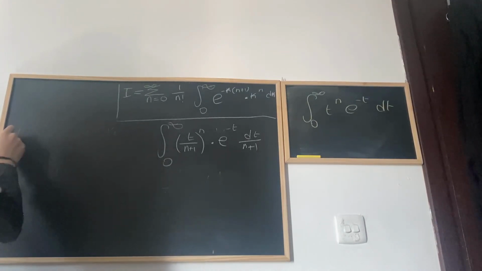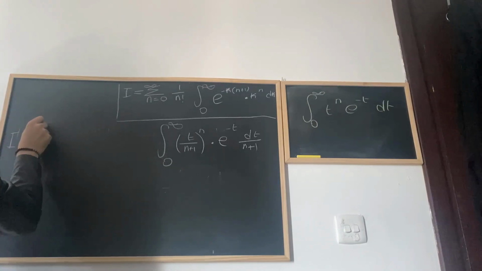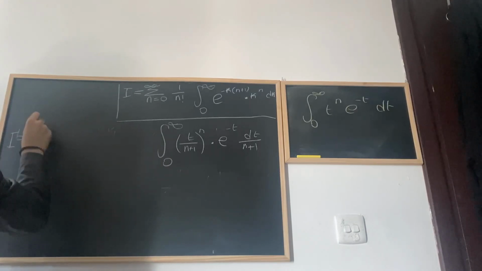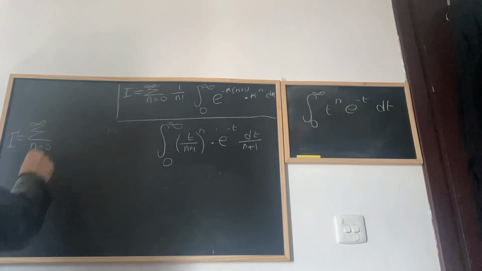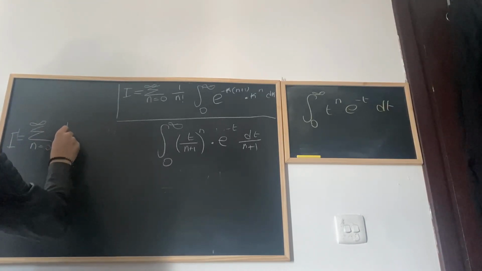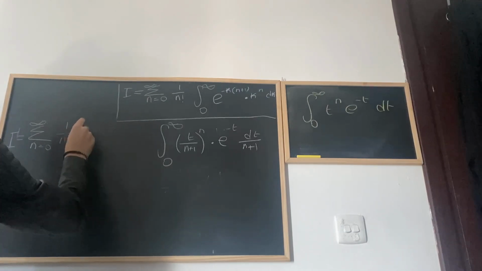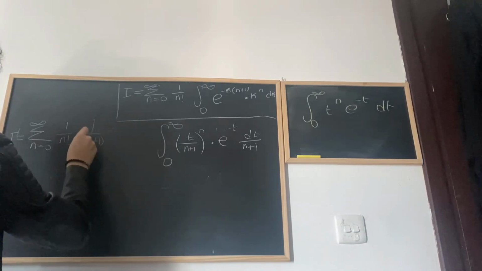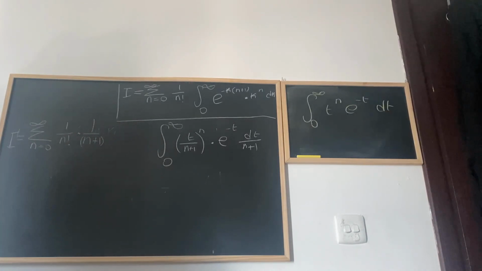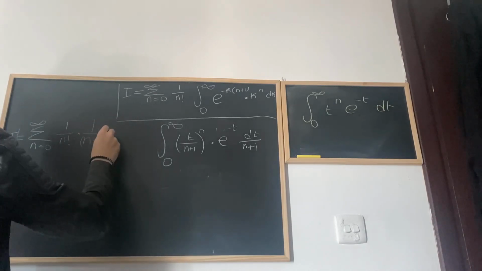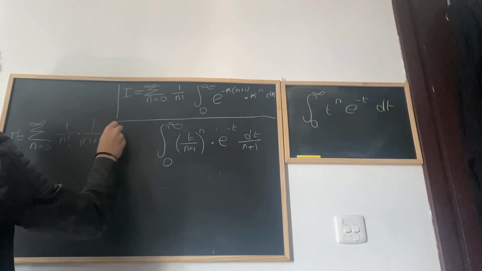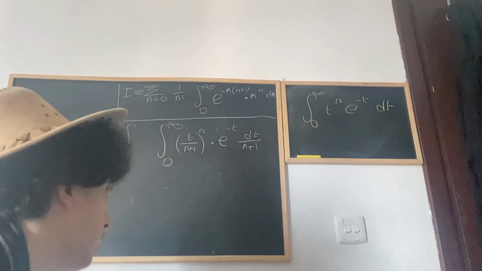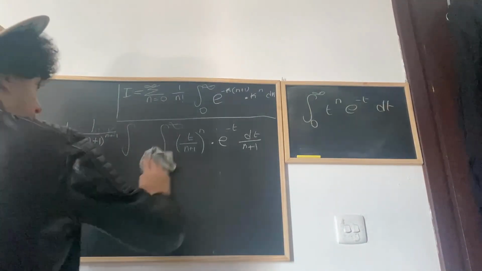So let's say I equals the sum from n equals 0 to infinity of 1 over n factorial multiplied by 1 over n plus 1 to the power of n plus 1 multiplied by the integral, this integral, but now it's in the form of this.